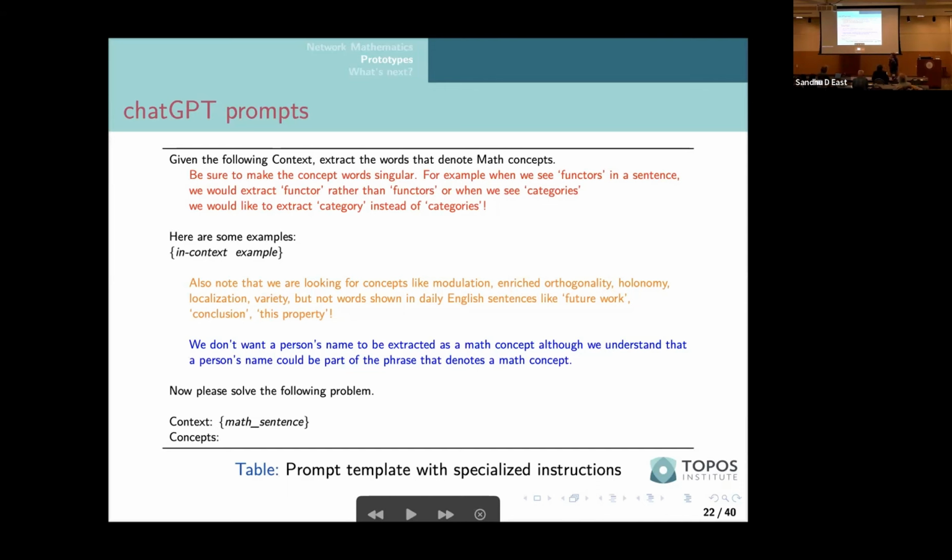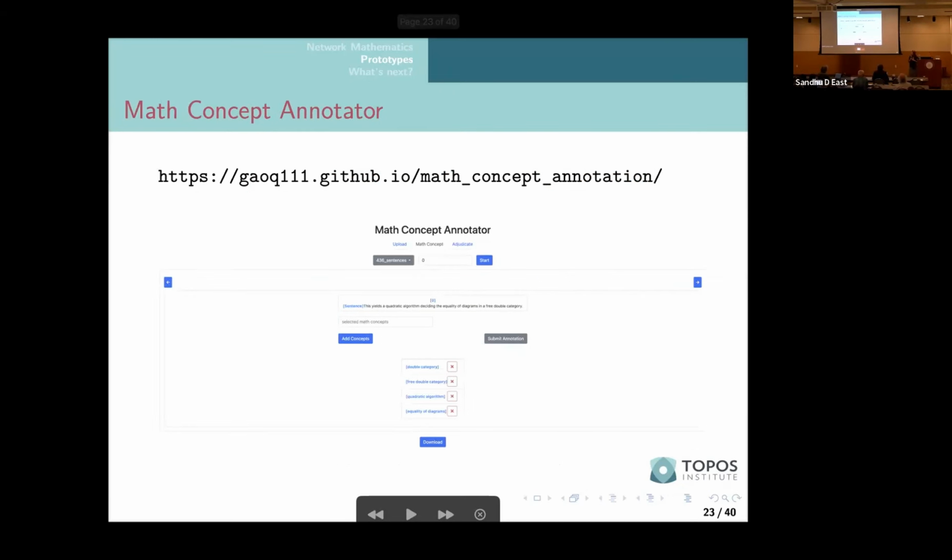We don't want category and categories. For example, when you see functors, and so on. Then you keep doing what they call prompt engineering. You add context to your prompt, and then you give the API a collection of examples that you want them to produce. So we did that, as one expects.